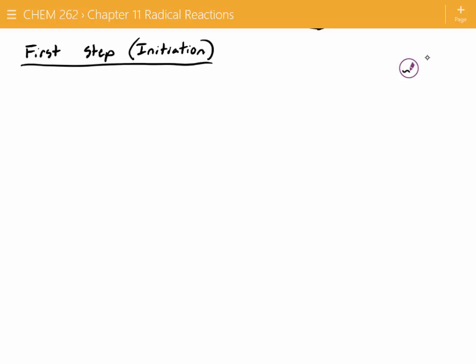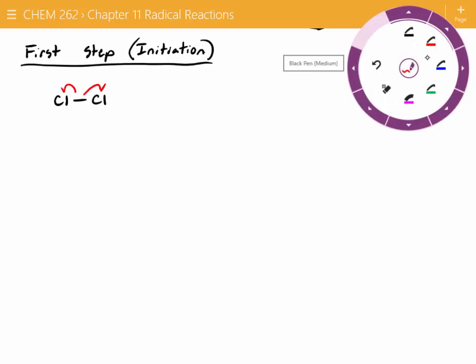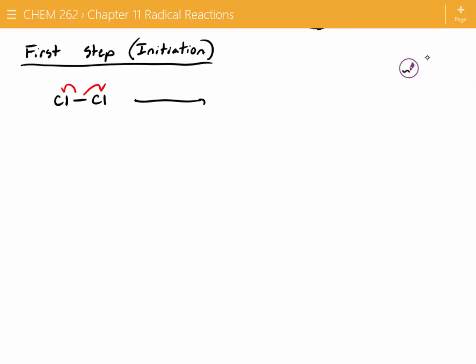Let's take the example of bromine. Actually, I'm sorry, let me take this back. Let's do chlorine. I know, I'm ruining everyone's notes. In order to get one of these electrons over to one chlorine atom and another over to the other chlorine, the most traditional way to do this is to expose it to heat, which doesn't work very well.